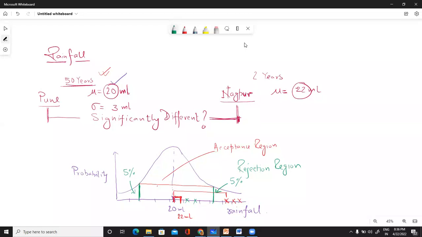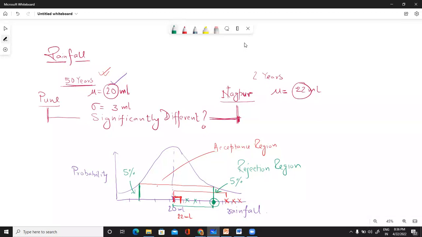So now our task is to find out the z value of this point, which marks the 5% area towards the right. From the mean, what is this distance? What is this z value?